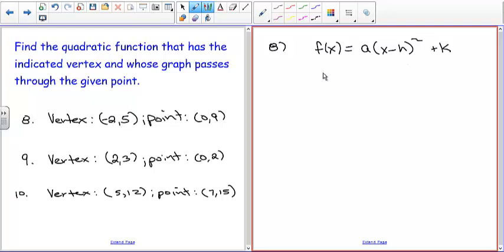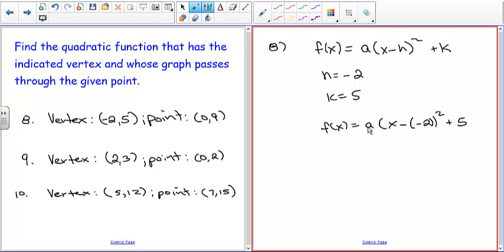So for problem number 8, h is negative 2, and k is plus 5. So if you plug those in, you get f of x equals a times x minus h, which is negative 2, square that, and add k, which is plus 5.